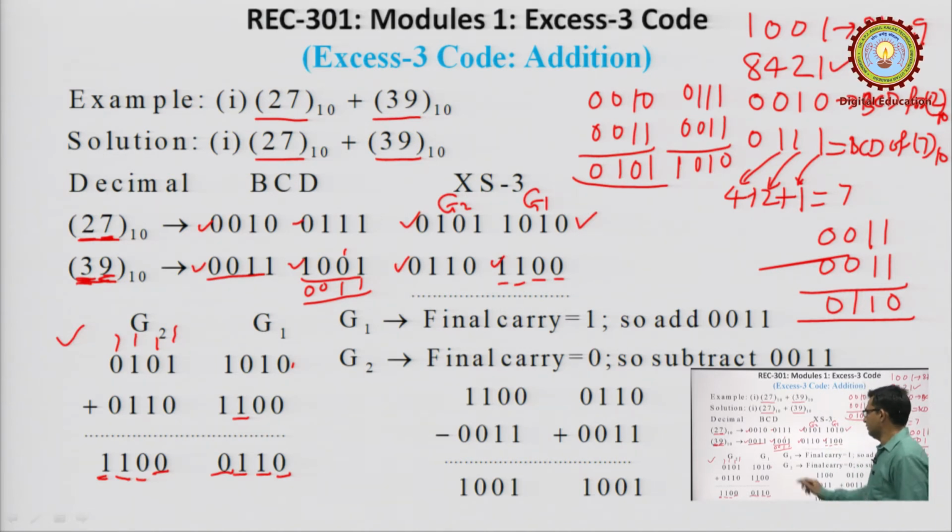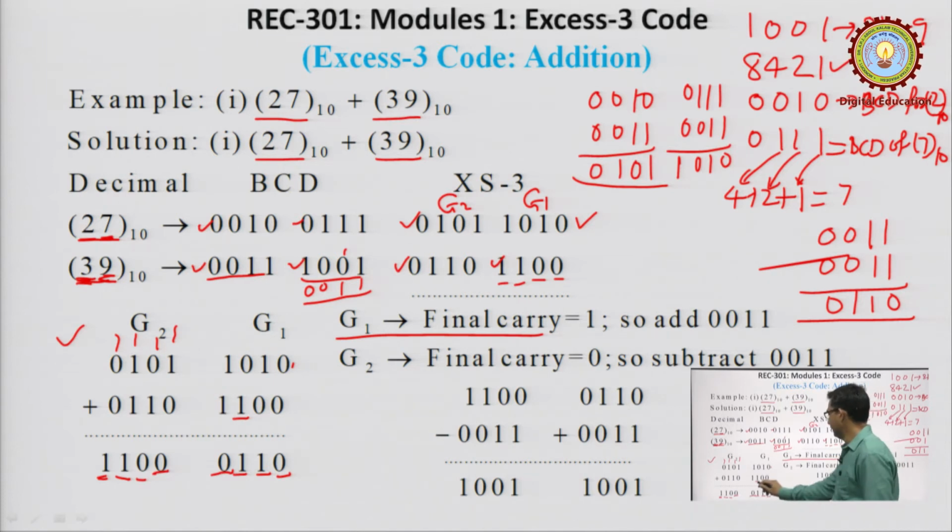So, from the G1 group, the final carry we get when we add 1 plus 1 is: the sum is 0 and one carry is produced, which is this one.